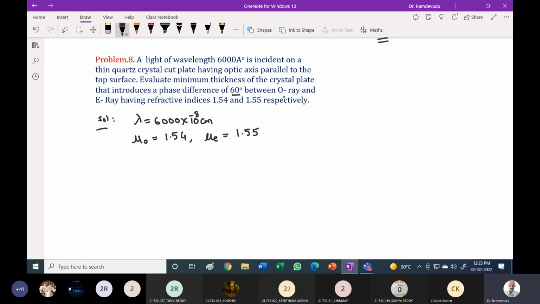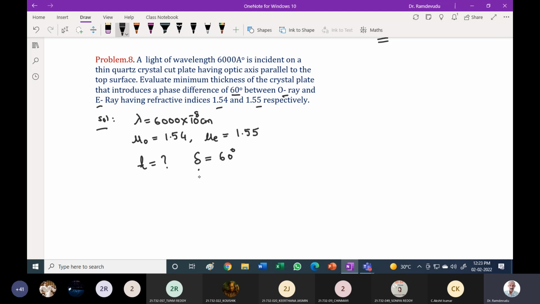Then they're asking for the minimum thickness T to introduce a phase difference delta equal to 60 degrees.